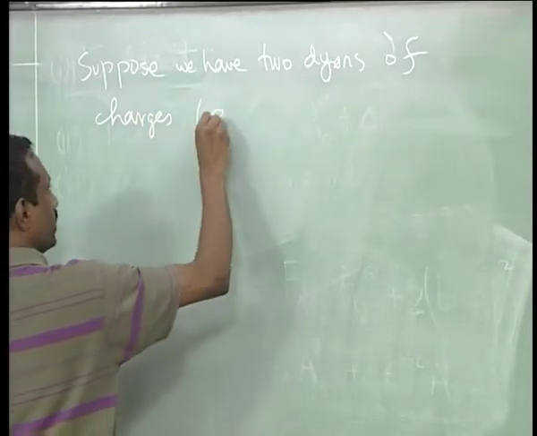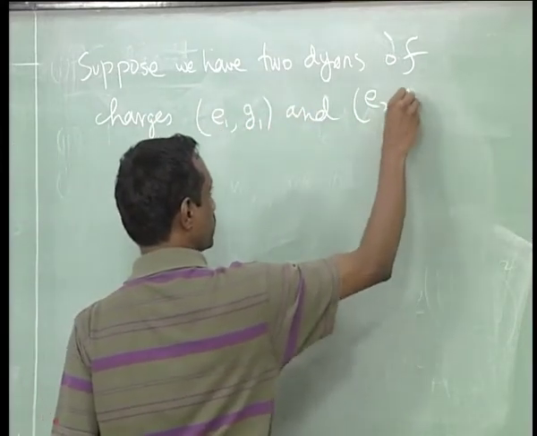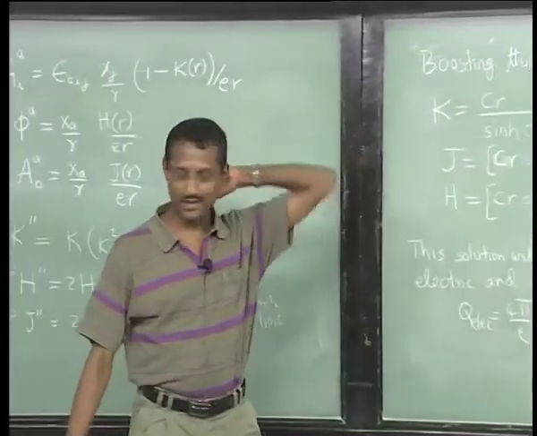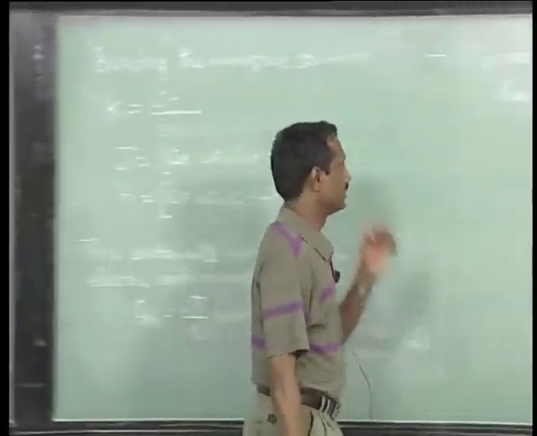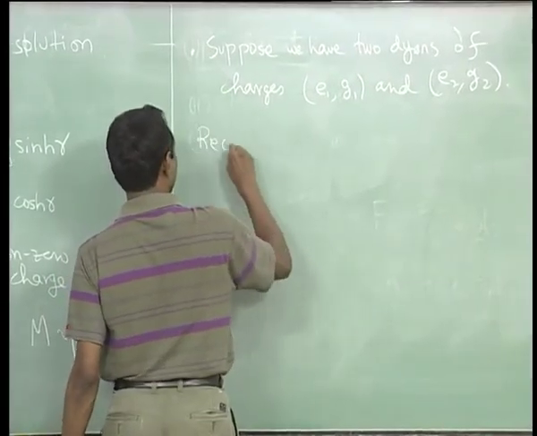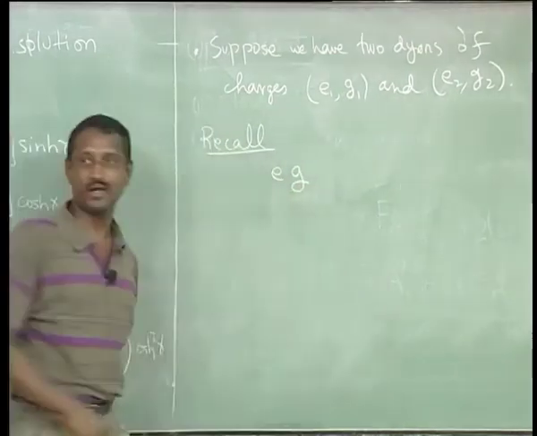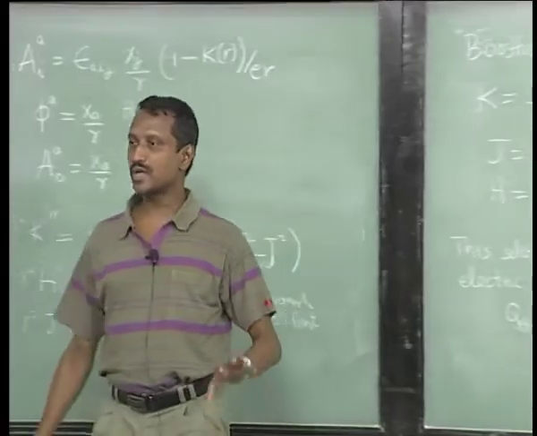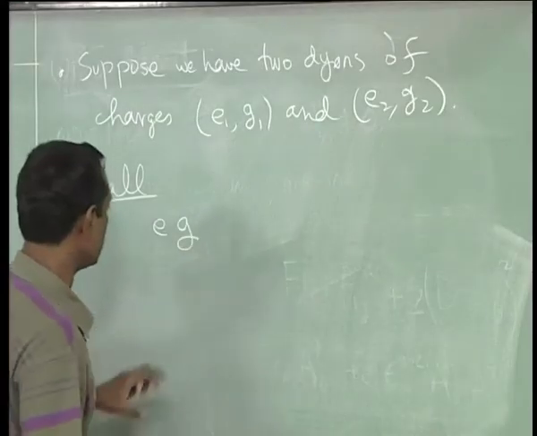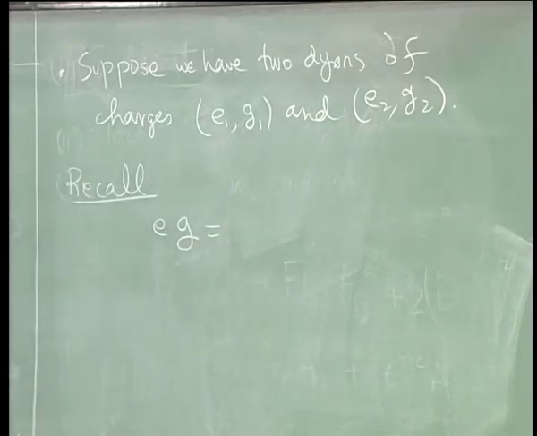Let us just write it as E1 G1 and E2 G2. So we are trying to write, recall that what we had was E g, if you had a pure electrically charged object, and this G was equal to 2n pi, in natural units.